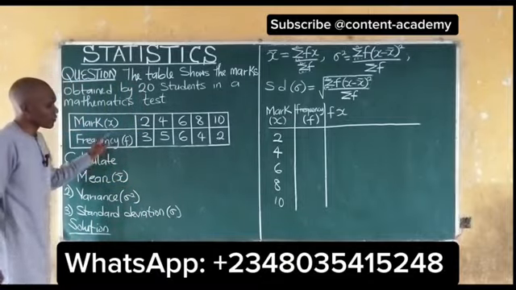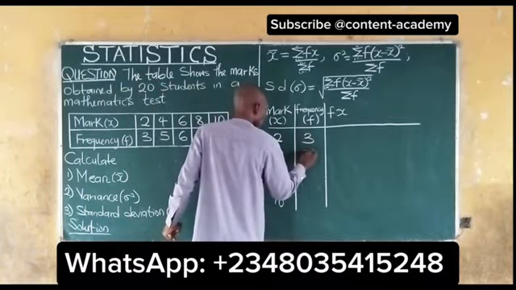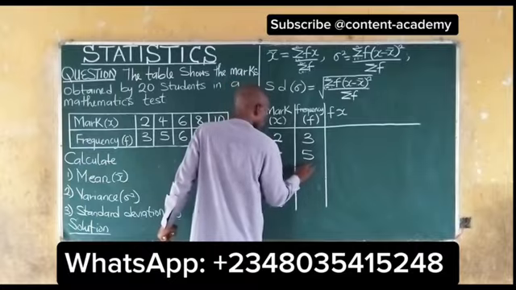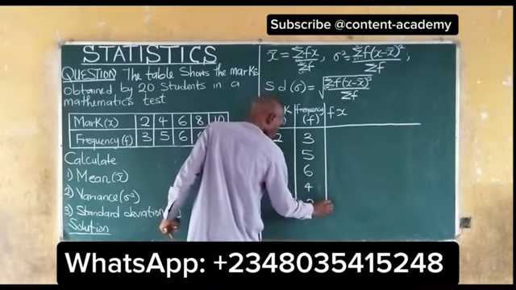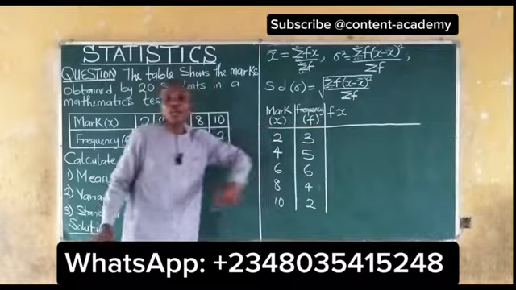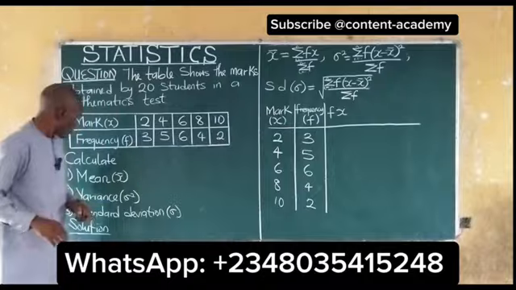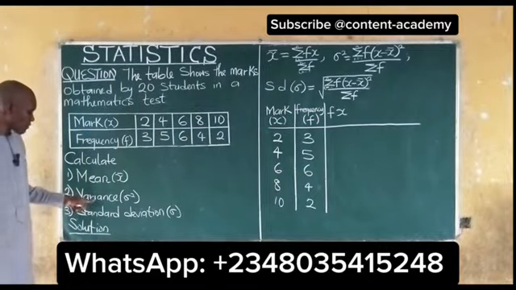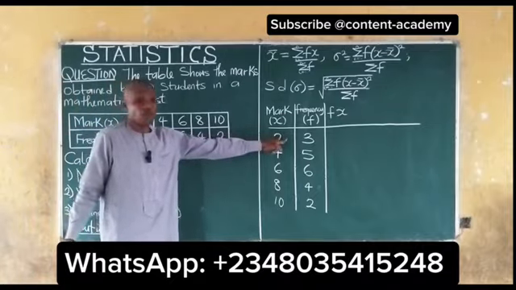We also have the frequencies: 3, 5, 6, 4, and 2. Now, we also have f of x. How do we compute f of x? To calculate the mean, the variance, and the standard deviation, we must write the table in this form.